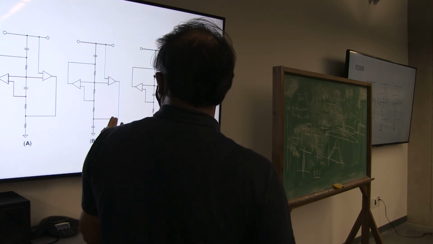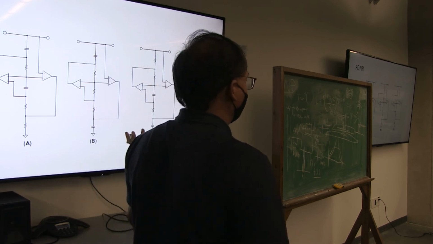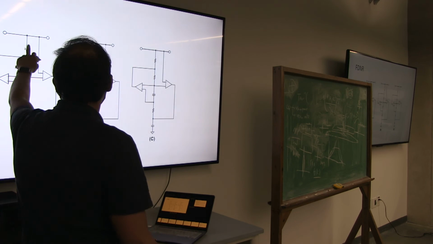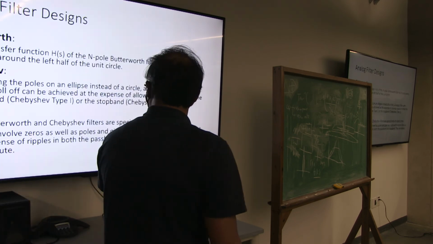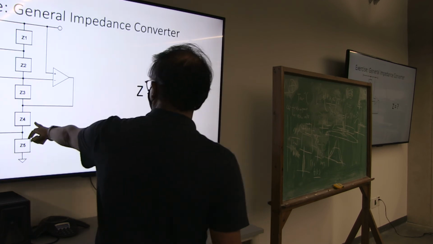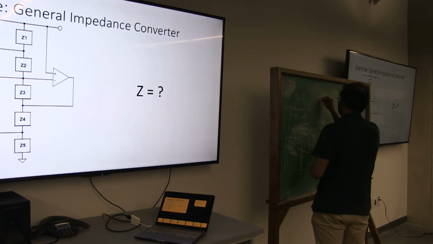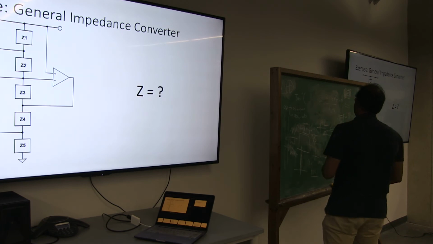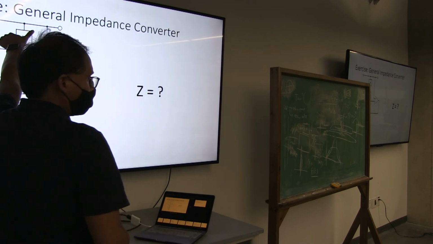And this is again realizing negative resistance. We will realize negative resistance because we have two capacitances. If we go back to this, here Z is Z1, Z3, Z5 by Z2, Z4. This is the effective impedance between the two terminals.